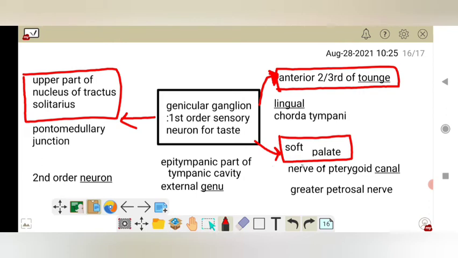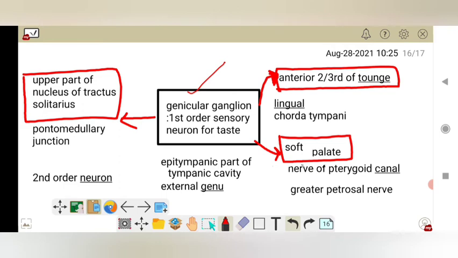Taste sensation from both chorda tympani and greater petrosal nerve finally reaches the geniculate ganglion. These nerves contain the peripheral fibers, and these reach the geniculate ganglion.